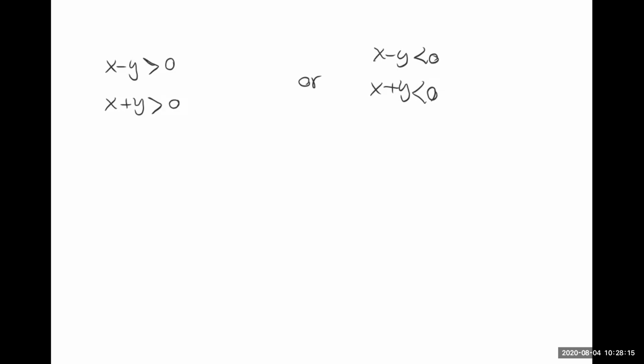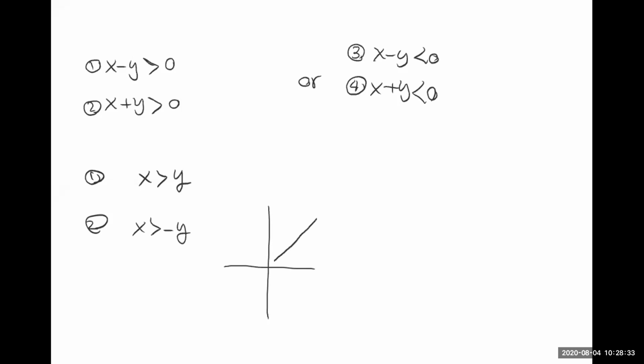So here, for example, let's number them 1, 2, 3, 4. Here 1 just says x should be greater than y. 2 says x should be greater than minus y, okay? Now, if you look at R2, x equal to y is this line. x equal to minus y is the other line. Maybe it's better to sketch one of them.